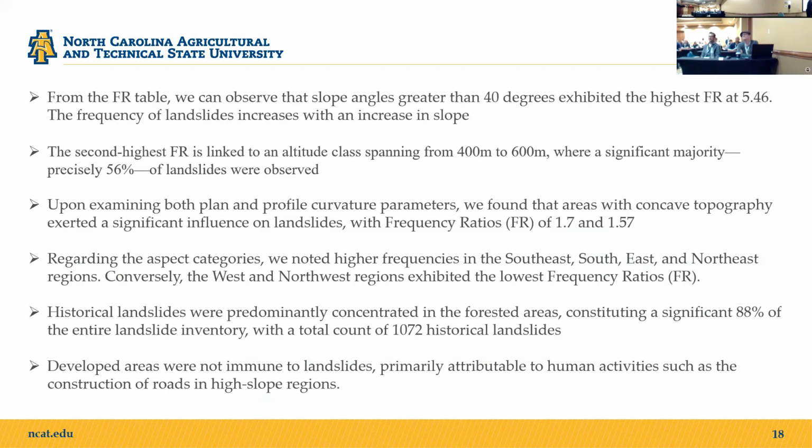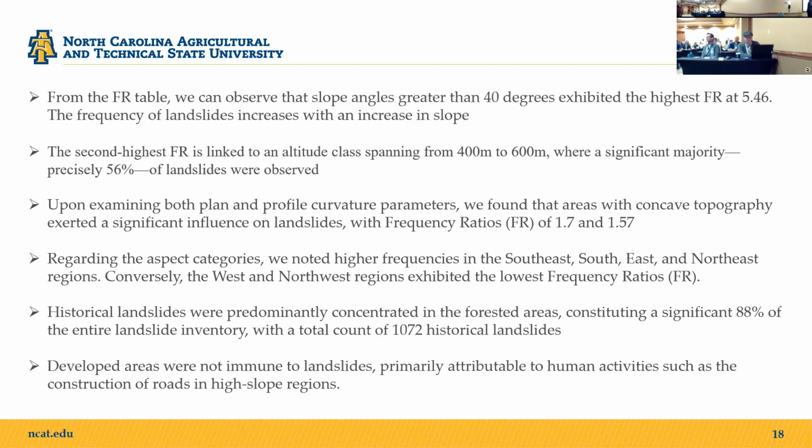So in conclusion, it's all discussion. I think my time is almost over. From the frequency ratio table, we have that slope is a major factor. There are no other topography factors in this area.